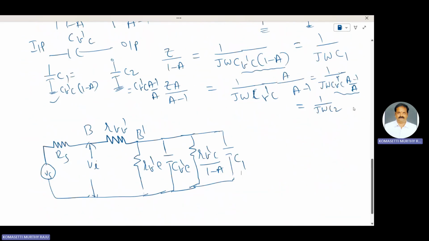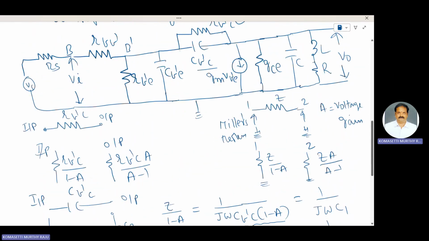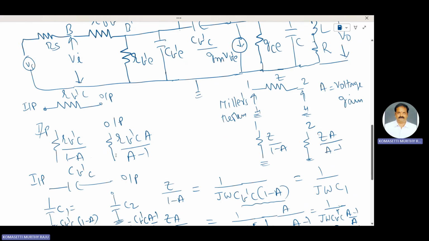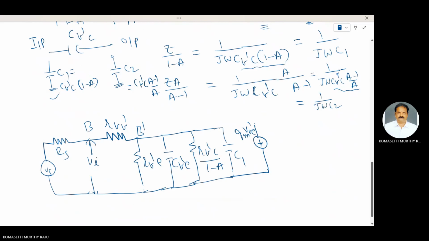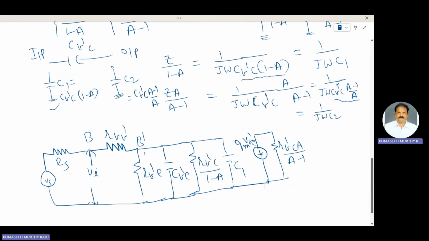At the output side, there is gm into VB'C, a dependent current source. And again at the output side, RB'C into A by A minus 1, and the capacitance C2.